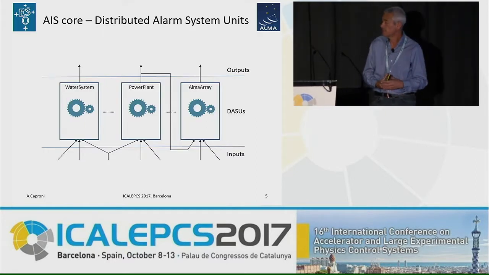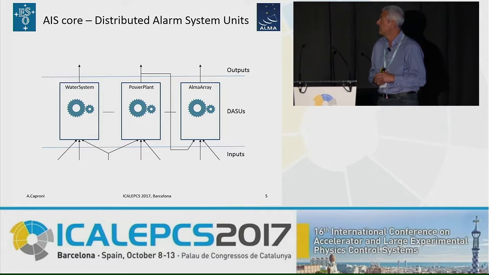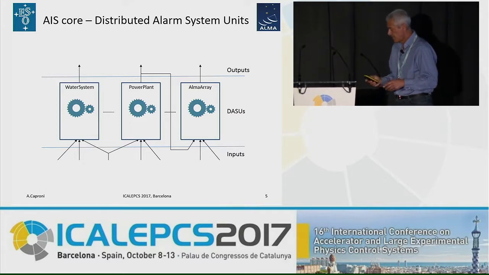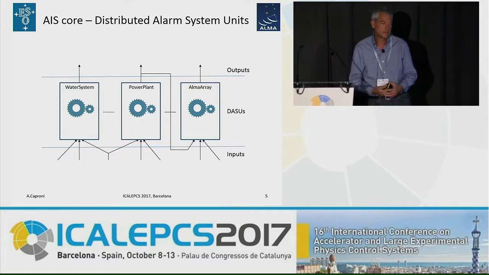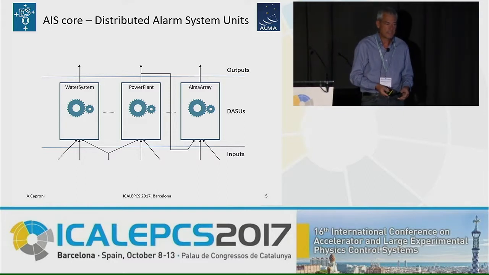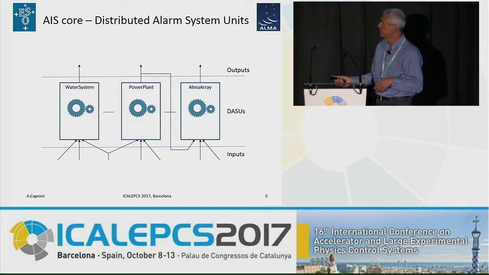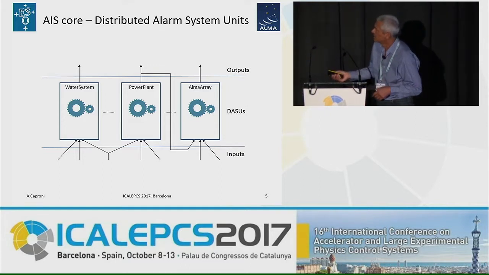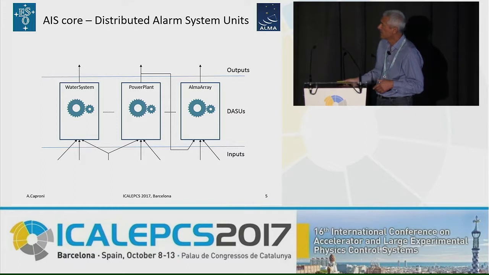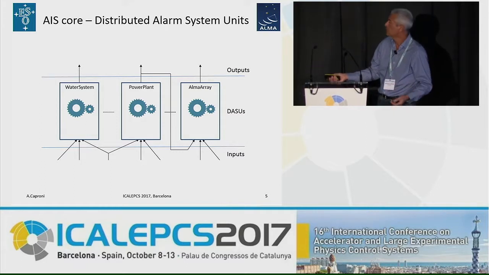So the architecture of the integrated alarm system is based on the DASU. In this example we have one DASU for each of three examples of hardware systems: the water system, the power plant, and the ALMA array. They receive inputs from the monitored control software.